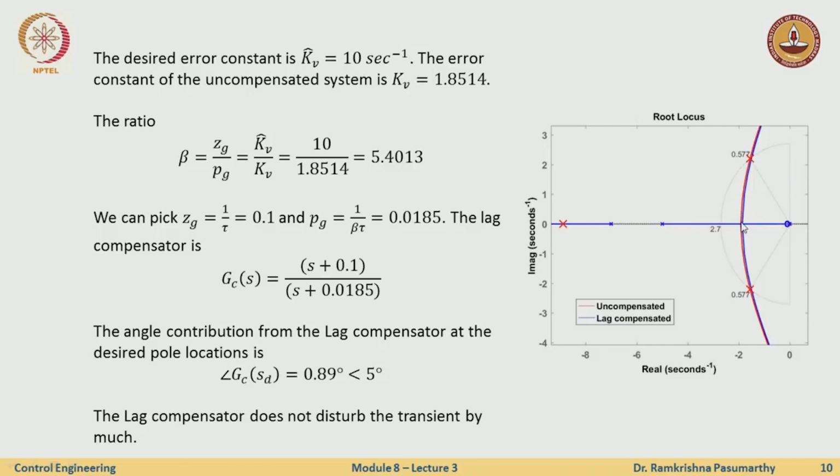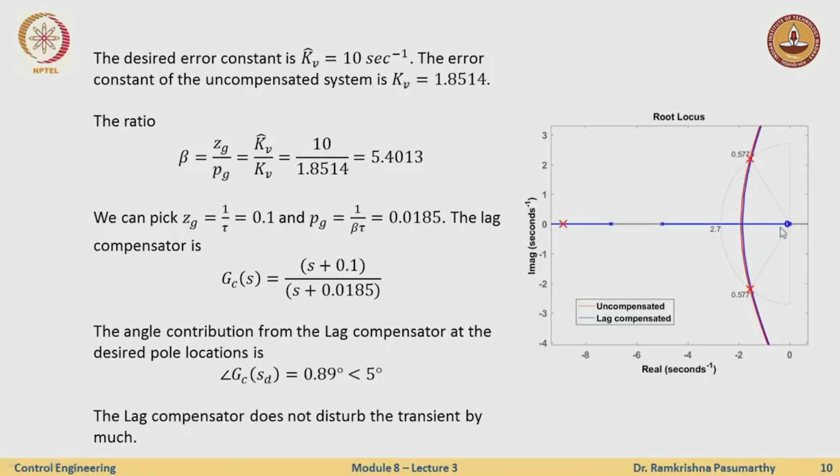The red line is the root locus of the uncompensated system with just the gain adjustment, and we see the blue line is just slightly to the right. This is not very surprising, because I am adding a zero and a pole very close to the origin, and this has the effect of pulling the root locus slightly to the right.